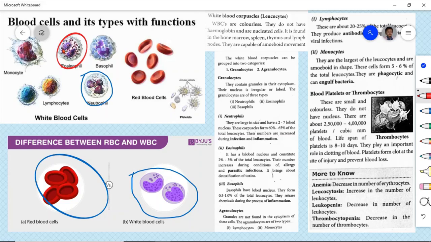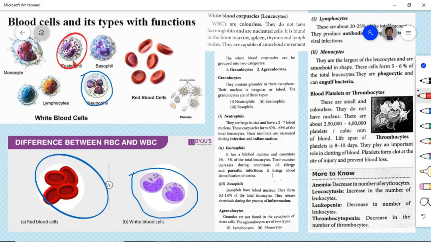The WBC contains 2 to 3% of eosinophils. During allergic conditions or parasitic infections, only in these situations the number of eosinophils will be increased. So the second one is eosinophils, bilobed.